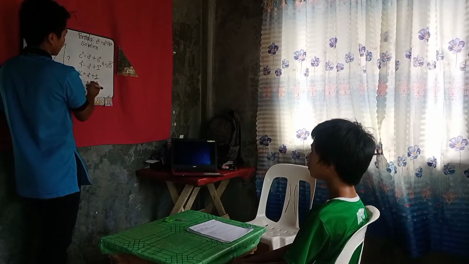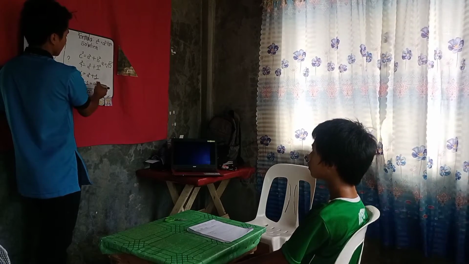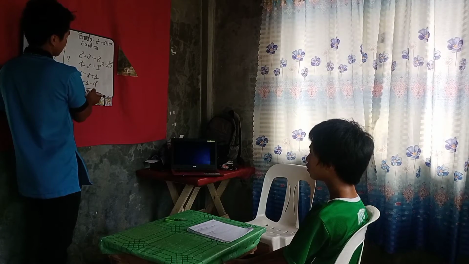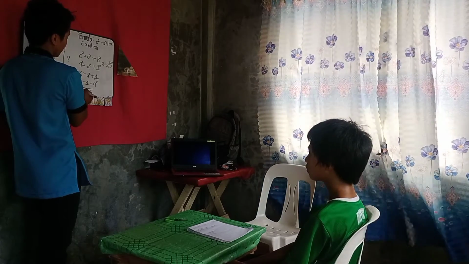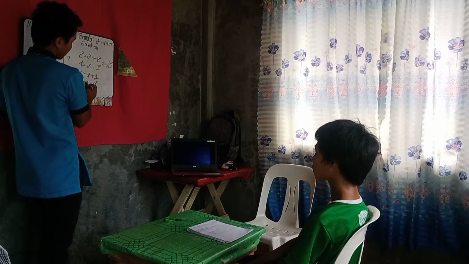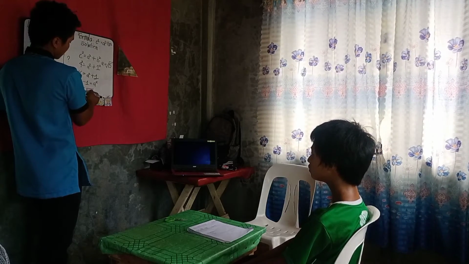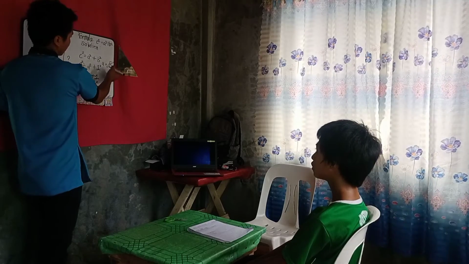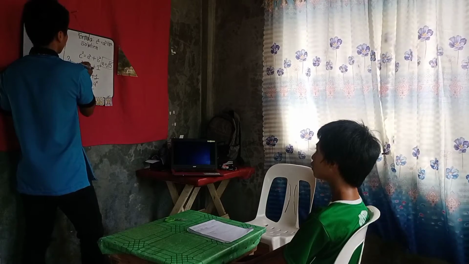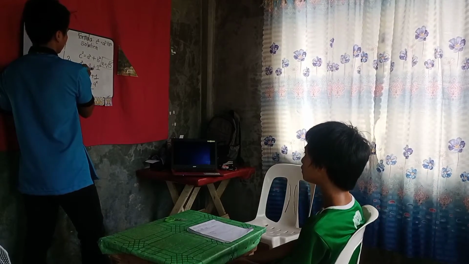So, transposing, 16 minus 1 equals A squared. And 16 minus 1 is equal to 15. When we get the square root, A is equal to square root of 15. So, the missing number is square root of 15.